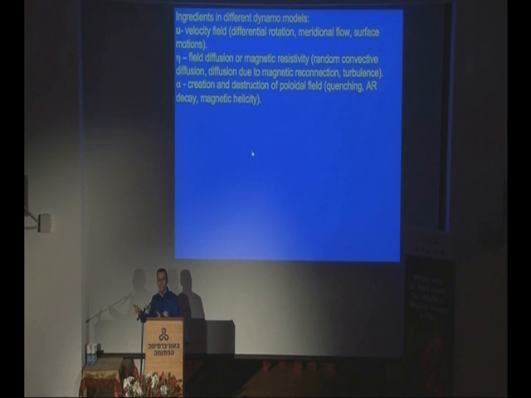There are several dynamo models where this turbulent flow is the main driver for the dynamo. The other thing we have is this alpha, which is a parameter that controls how much poloidal field we get back from the toroidal field. It can be described in different physical ways, but essentially at the end of the day it's just a parameter.